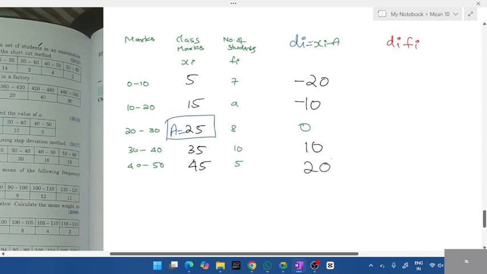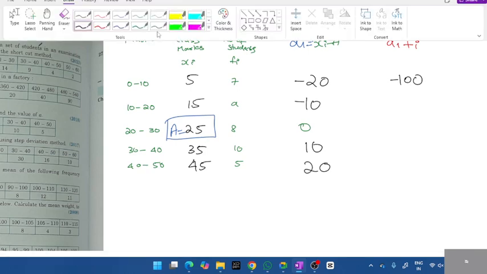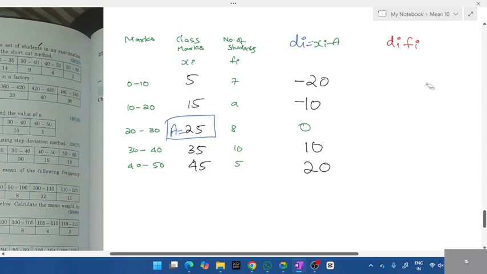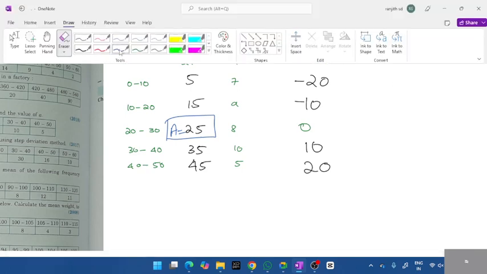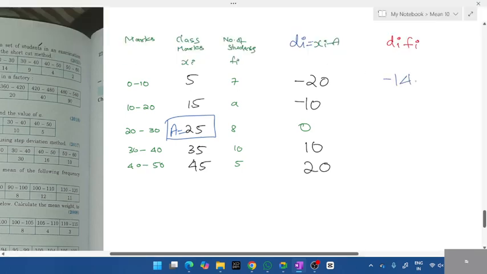All of you got these values? 10, 20. DIFI? Yes, tell me for DIFI, Naomi. Minus 100. Sorry, not 100. What's the value for DIFI? Minus 140.